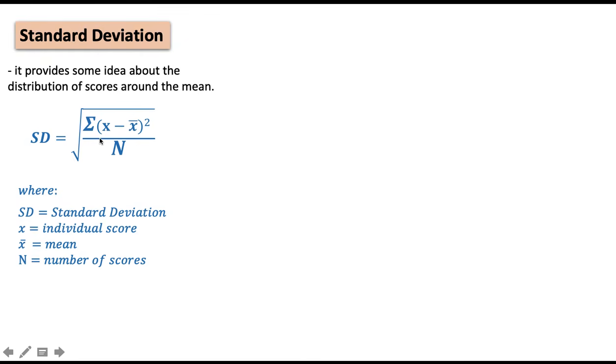Notice that the radicand, or the number inside the radical sign, is actually the variance. So the difference between the formula of the variance and the standard deviation is that in standard deviation, we just added the radical sign to get the square root of the variance.